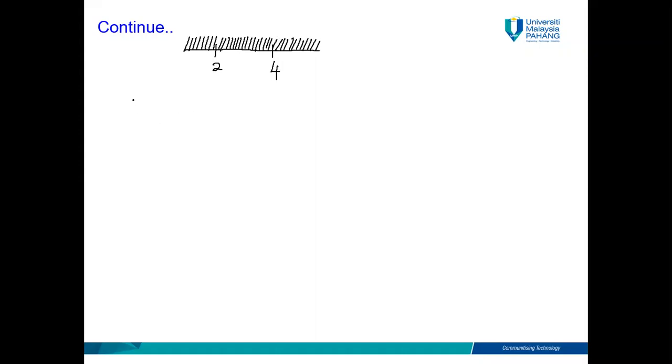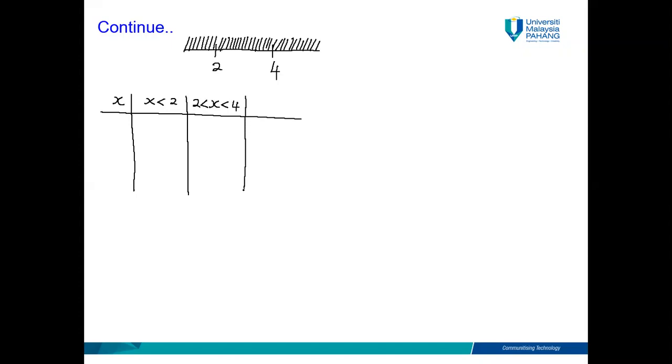So construct a table. First of all, you must consider x: before 2, so x less than 2, in between 2 and 4, and also after 4.